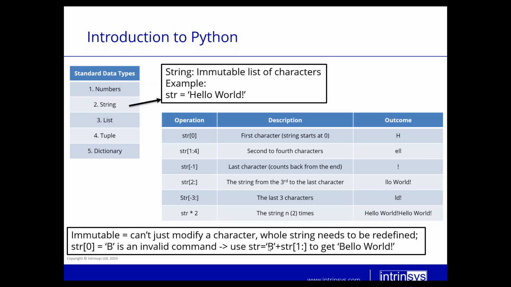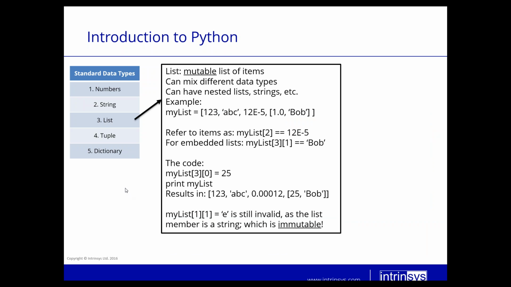What I can do is create a new string that is a combination of a letter B plus all the other letters from the string excluding the first one. So if you understand that, then we are halfway through.